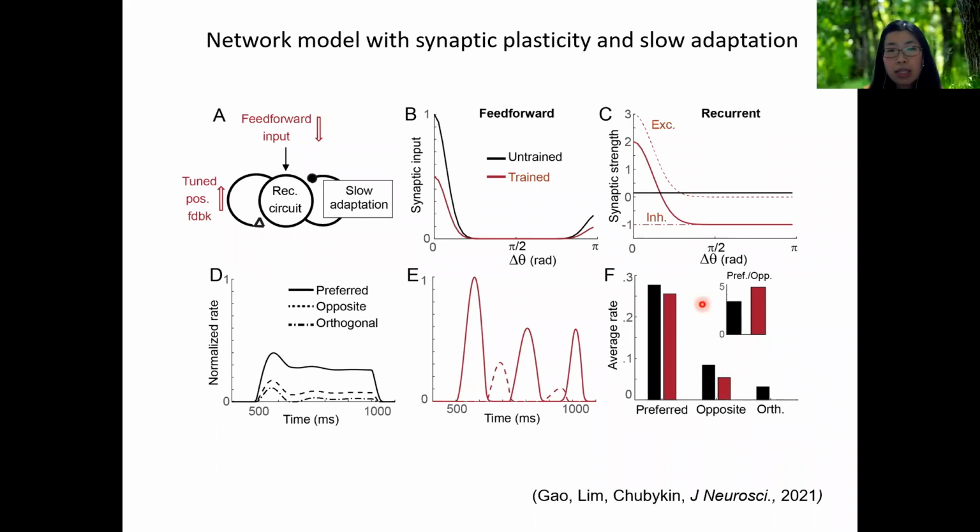But due to this potentiation in the recurrent connection, the oscillation gets more pronounced after learning, and there is an antiphase due to the inhibition between the preferred and the opposite direction. So there is an antiphase oscillation predicted.